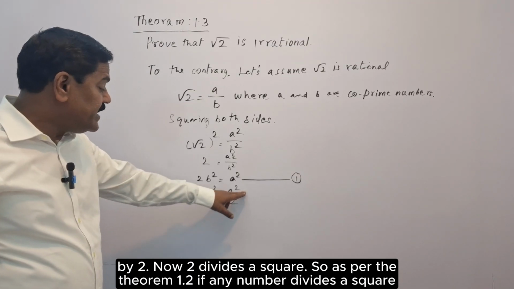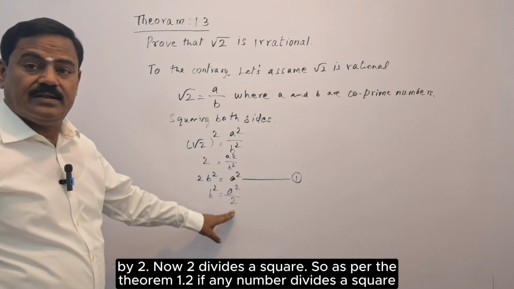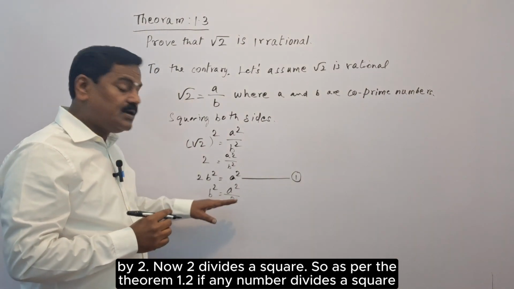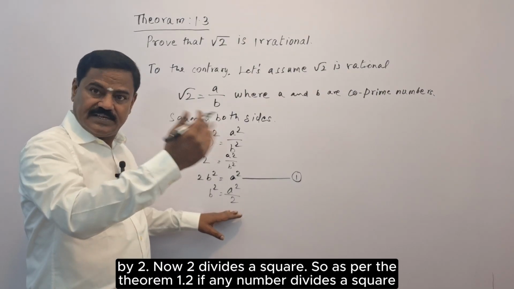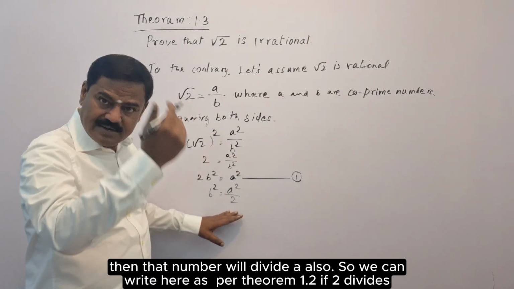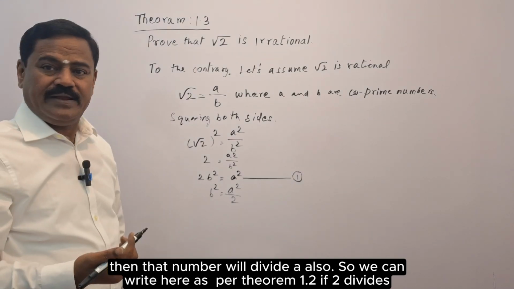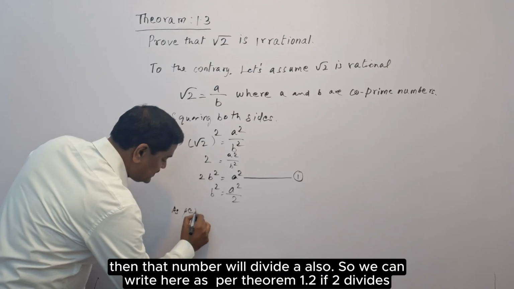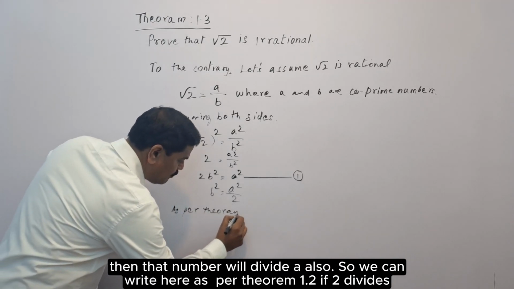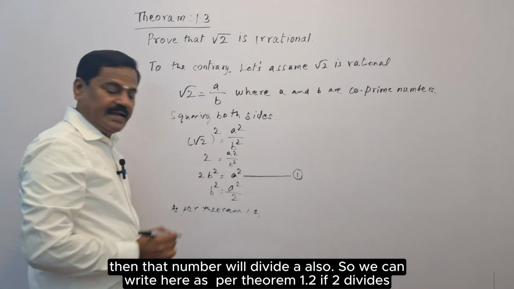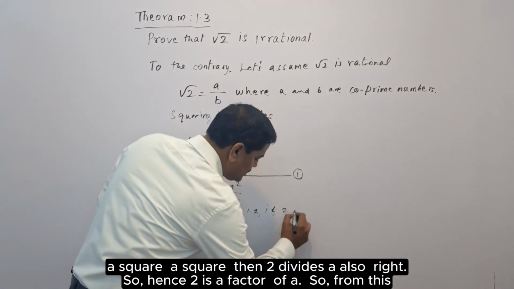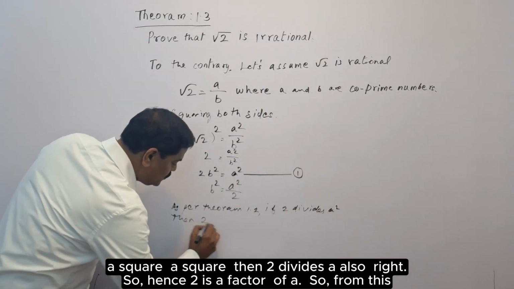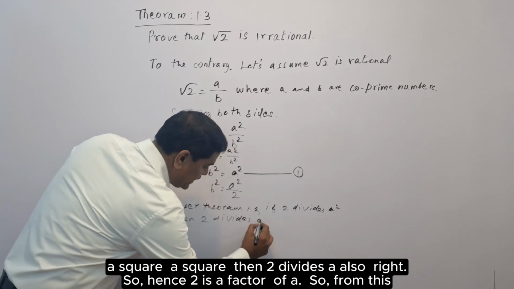Now 2 divides a square, right? So as per Theorem 1.2, if any number divides a square, then that number will divide a also, right? So we can write here, as per Theorem 1.2, if 2 divides a square, then 2 divides a also.